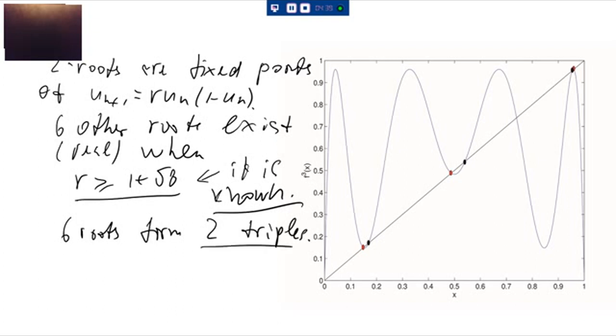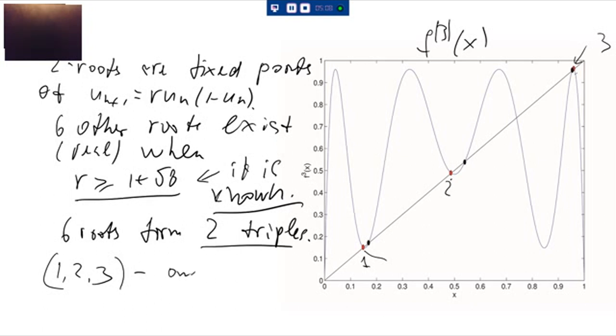And here on this figure, there is an illustration of these roots. So here we have f^3 of x. This is the 3-composite map. So then these red points, 1, 2, and here is red, 3, so this 1, 2, 3 is one 3-periodic solution.